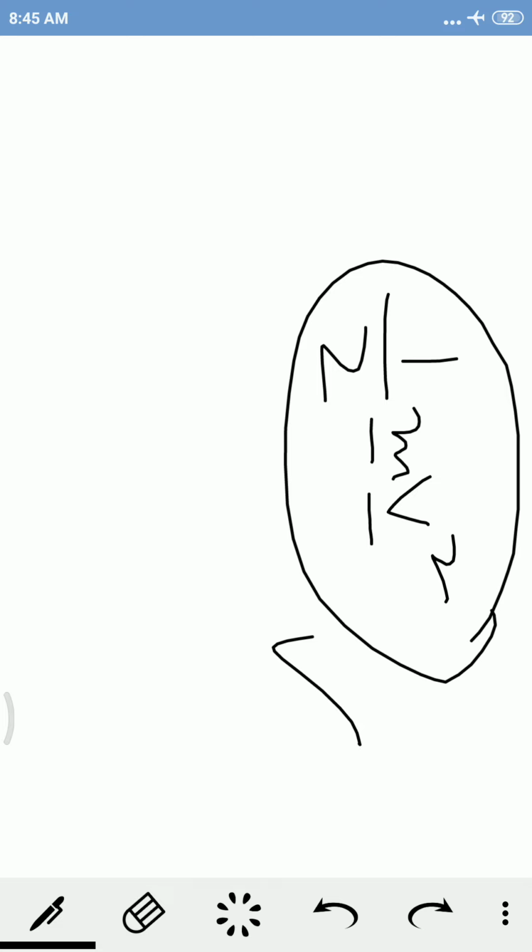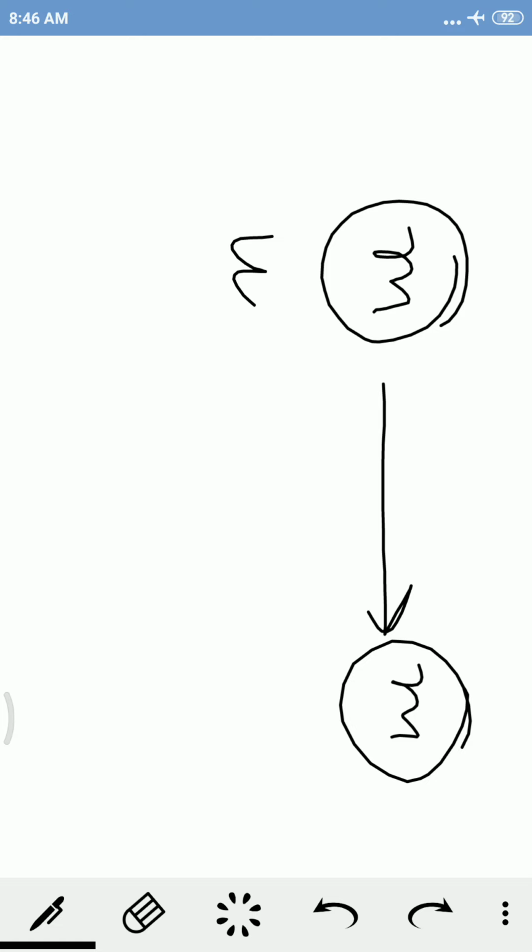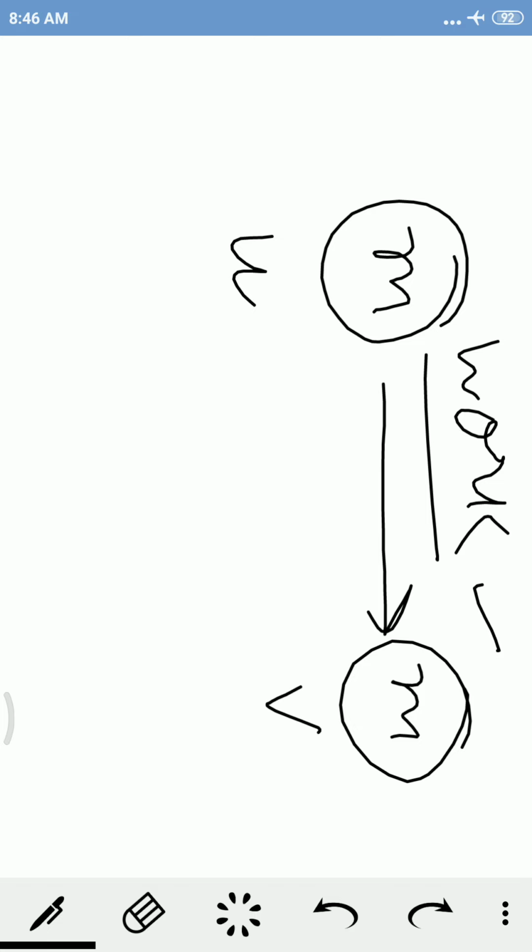Now assume that there is an object of mass m and it is moving with velocity u. It is already moving. Now if we want to increase the speed of this object, we have to do some work on it. Assume that after doing some work, its velocity becomes v.